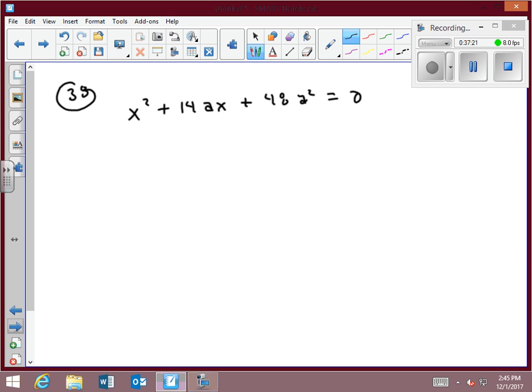Is there any common factors? None, is there? No common factors. Now, this is not a squared term back here, so it's not a complete square special case. So this is going to be a trial and error thing, right?